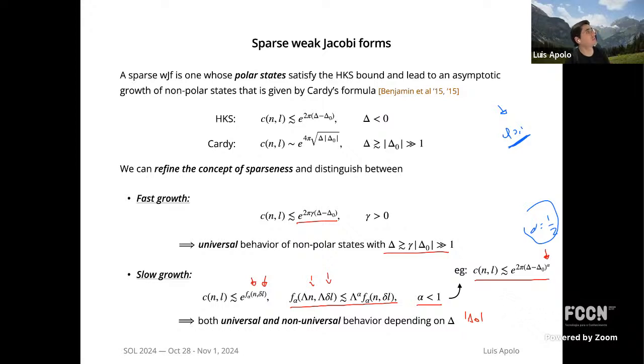No. My claim was, well, what I was trying to say is that I don't have a specific example.